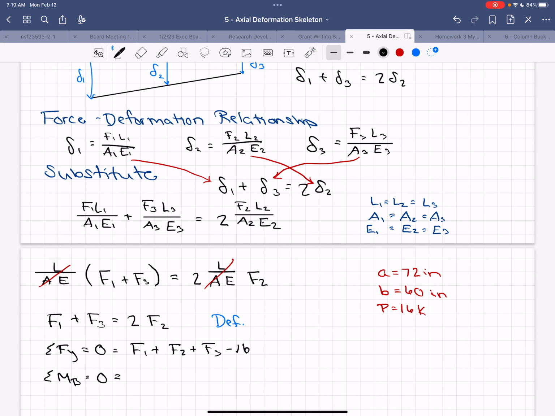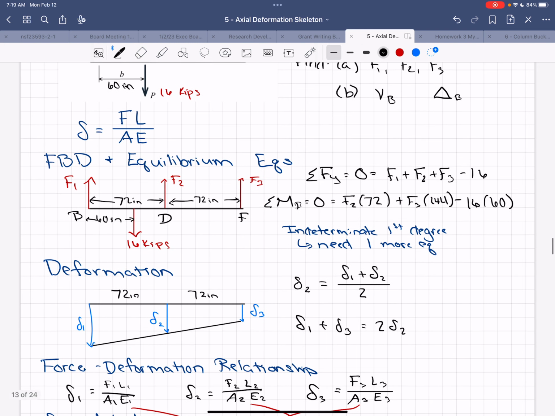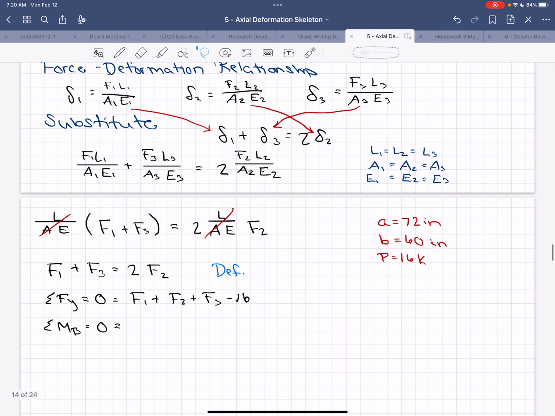And then here I actually have this written out, so we're going to bring this down. Paste. Okay, so these are equilibrium equations.